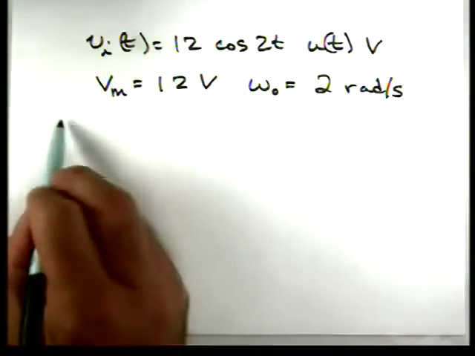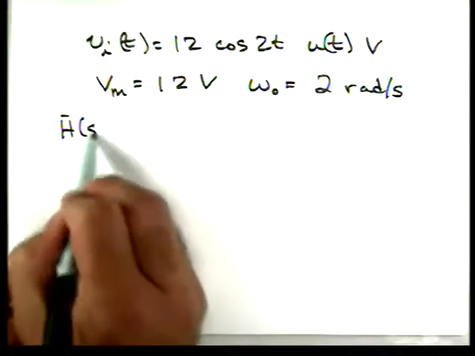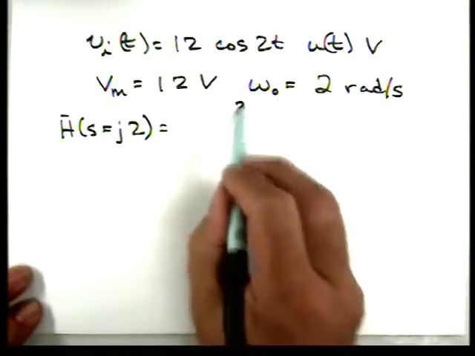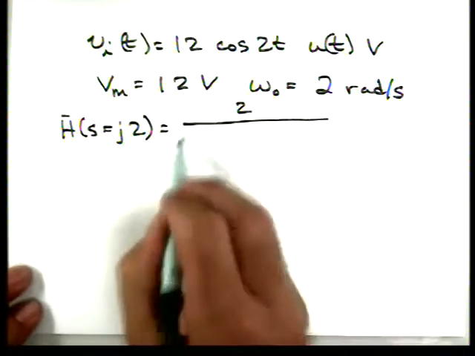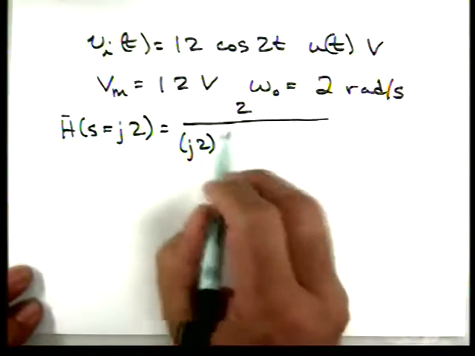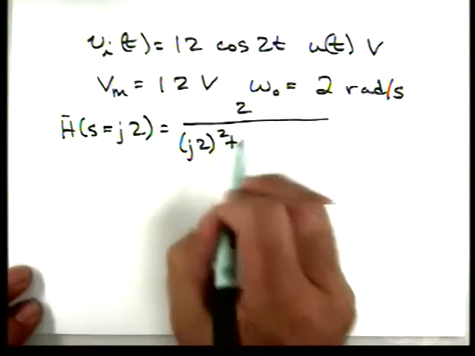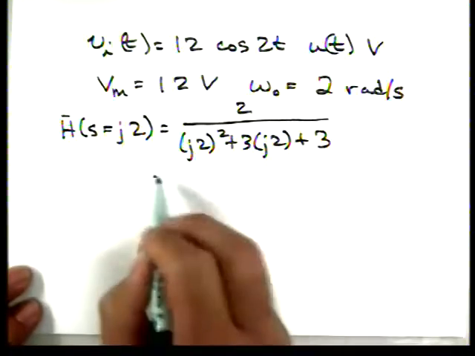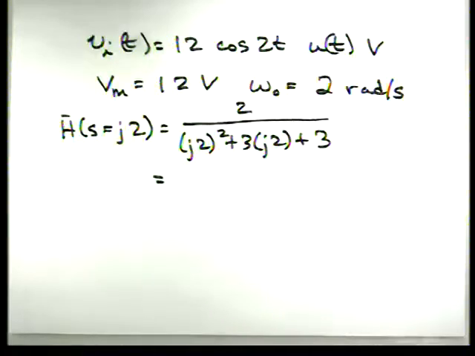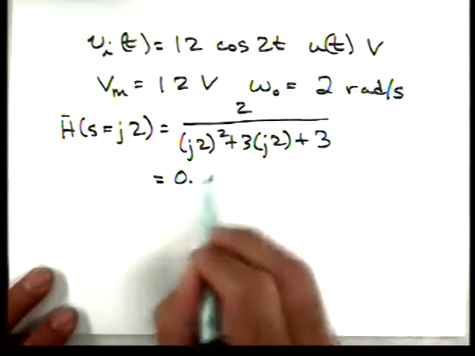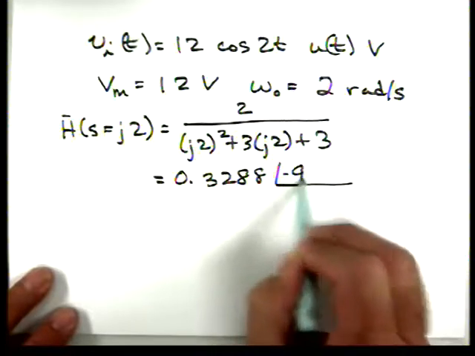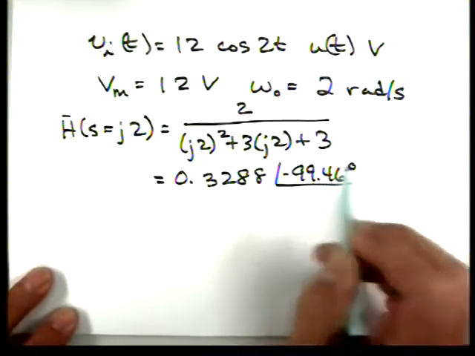So now let's go in and take H and evaluate at S equal J2. So we have 2 divided by J2 squared plus 3 times J2 plus 3. And as we calculate that, this is 0.3288 at an angle of minus 99.46 degrees.